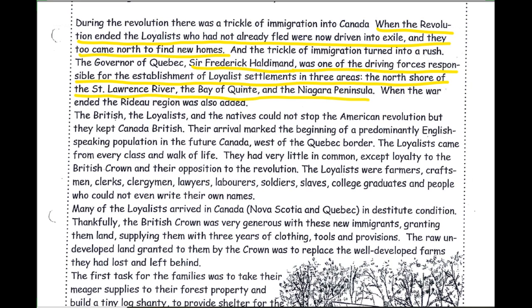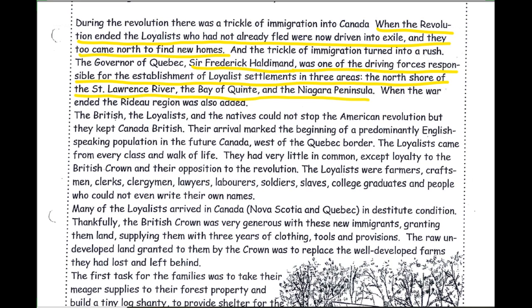When the war ended, the Rideau region was also added. So these areas took on a whole bunch of new citizens of Canada. They were moving from the US. They were forced out into Canada.